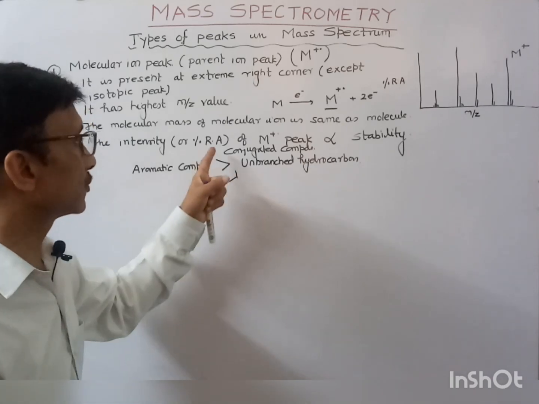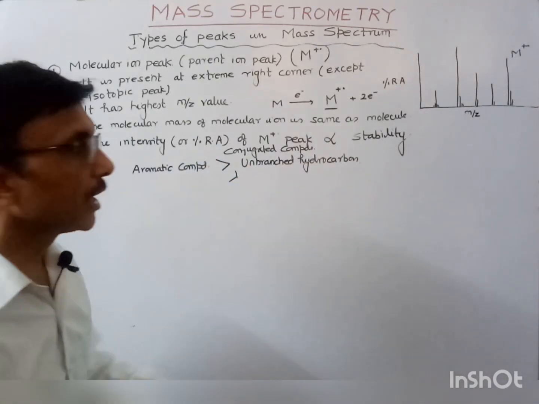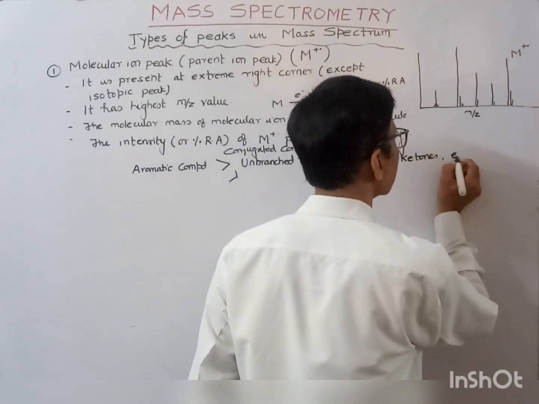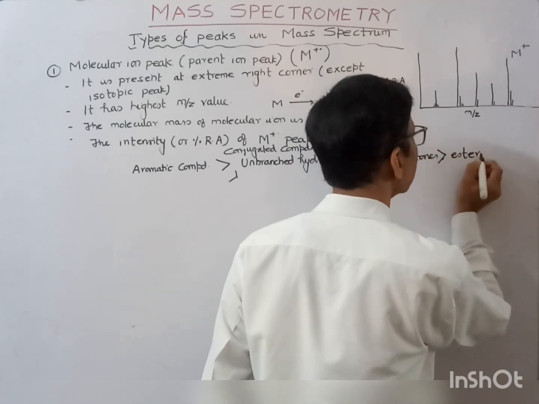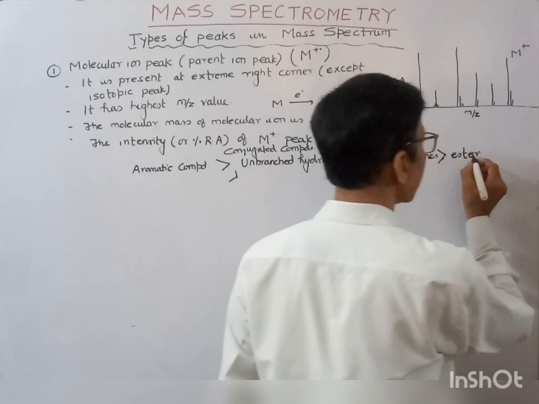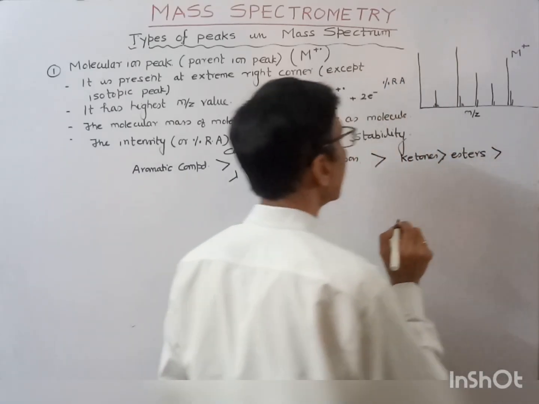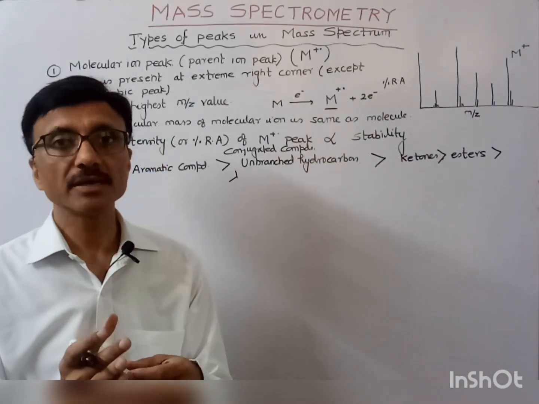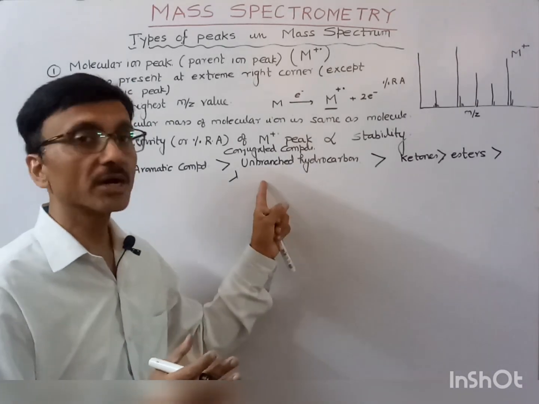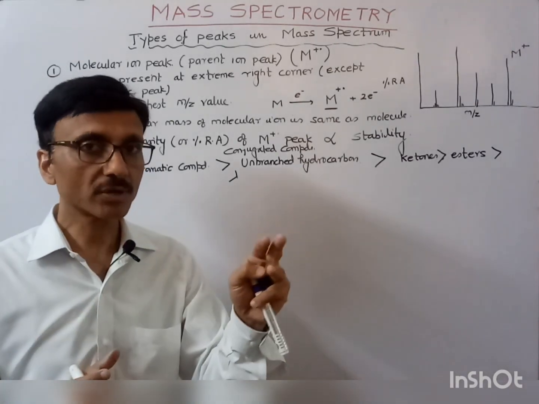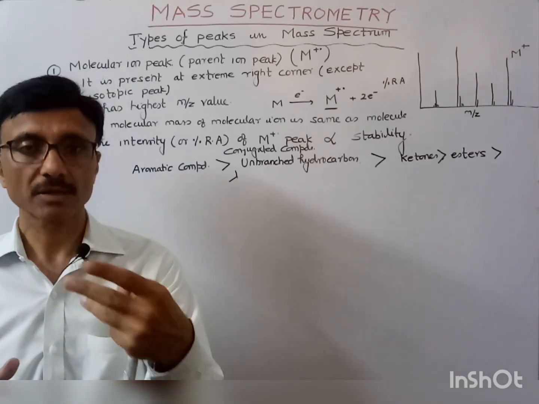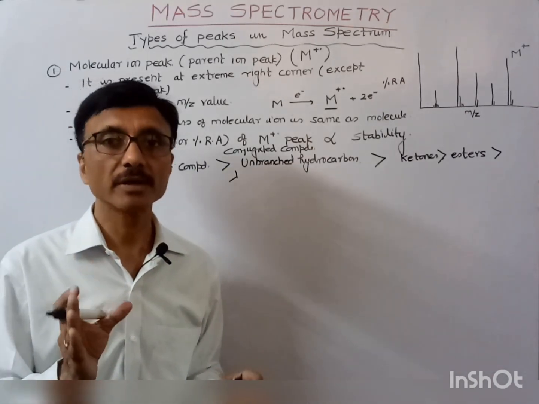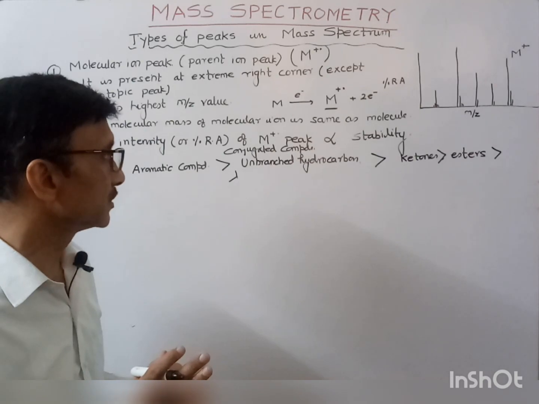So aromatic compounds, then conjugated compounds, unbranched hydrocarbons, and then we have the various ketones, esters, and so on. We will discuss more about this later on. Then if we have a branched hydrocarbon, it can be fragmented more easily than an unbranched hydrocarbon, because a branched hydrocarbon may give a stable cation or stable radical, whereas an unbranched hydrocarbon will not give as stable a radical.